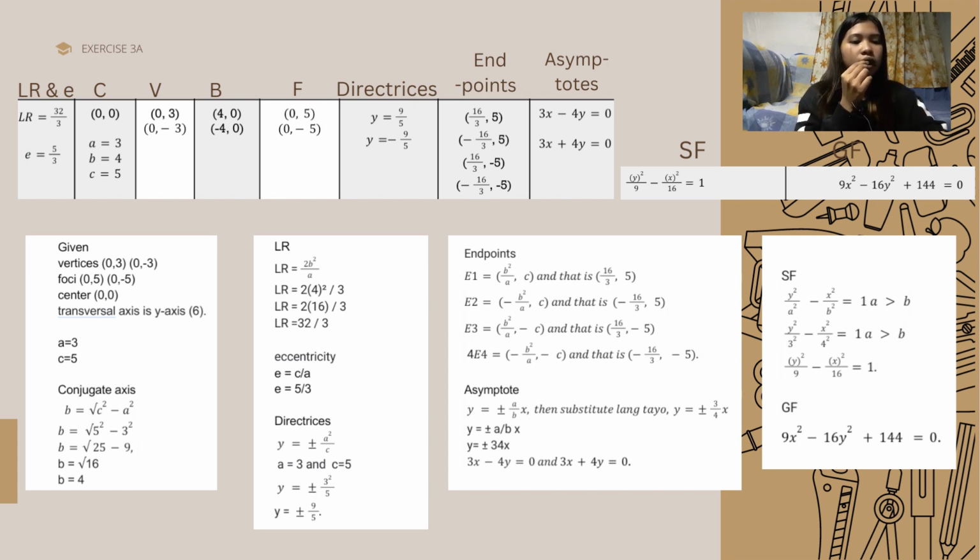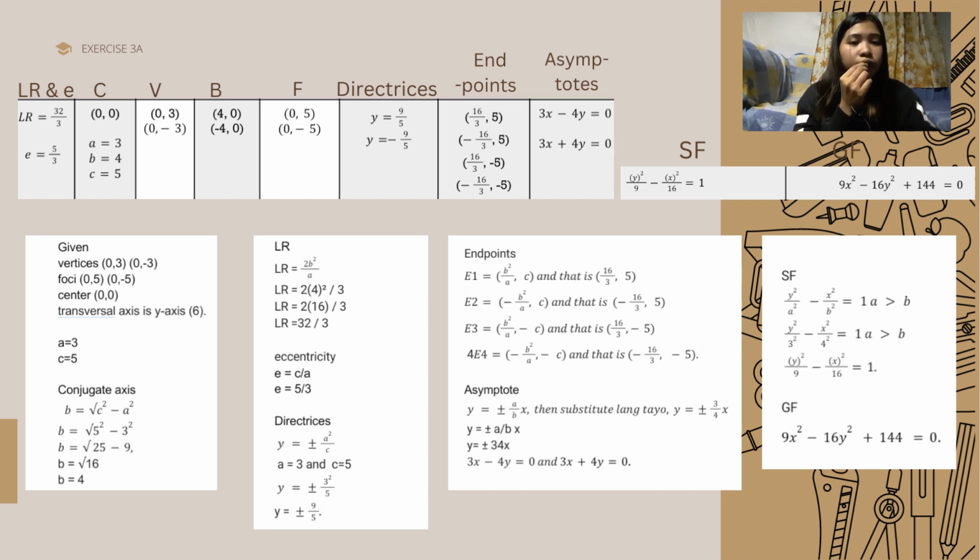Okay, so since ang vertices natin is at point 0 and 3 or 0 positive 3 and 0 negative 3, we can come up to an answer na ang center natin is at points 0 and 0 where A is equals to 3 units and yung foci natin is at 0, 5 or 0 positive 5 and 0 negative 5.